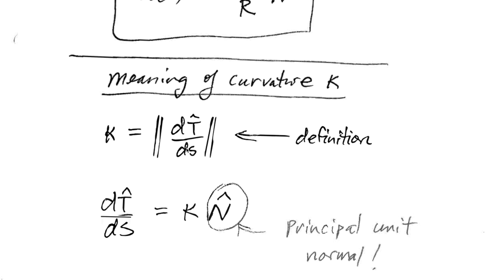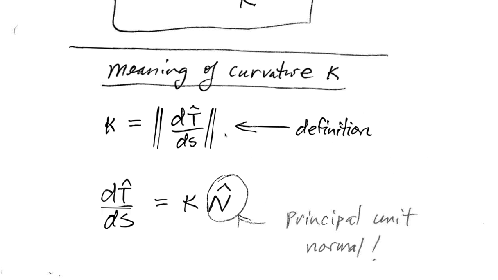So if there's any change of T hat with respect to arc length moving along the curve, it's going to be just a change in direction, isn't it? There's not going to be any change of magnitude of T hat because they're always unit vectors. So this is showing how quickly, basically, the object is turning, the little particle moving along the curve. Or if you want, think of how quickly the curve itself is changing.